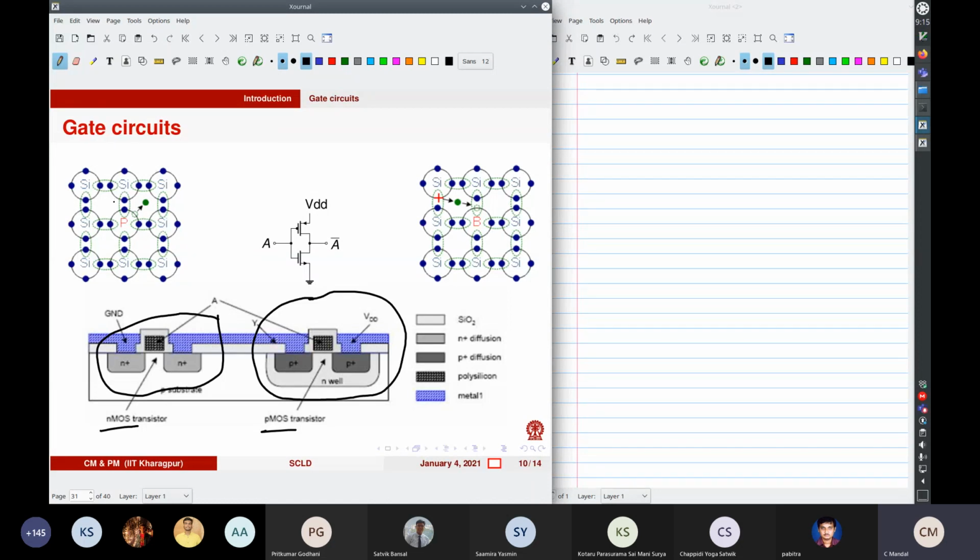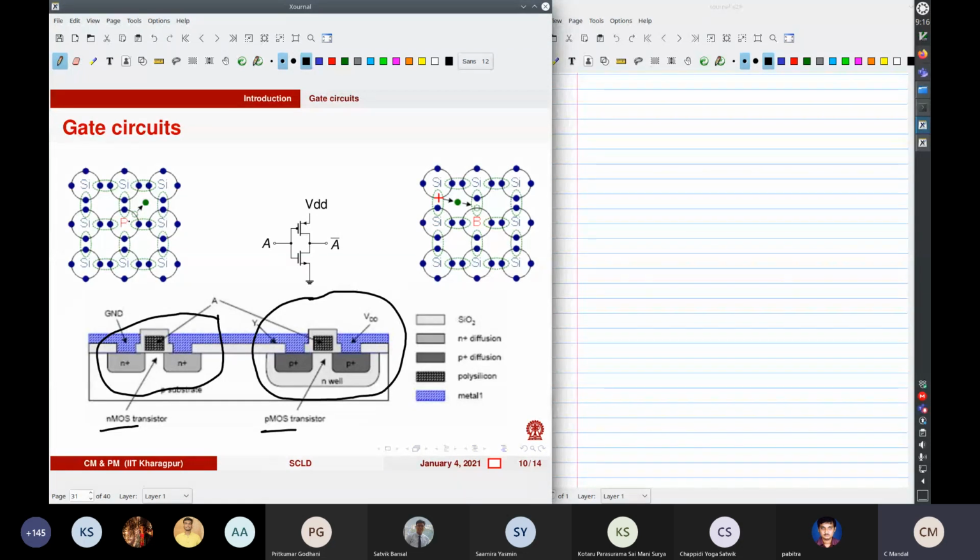They form a crystalline structure, and silicon is tetravalent. In the middle we have put a phosphorus.